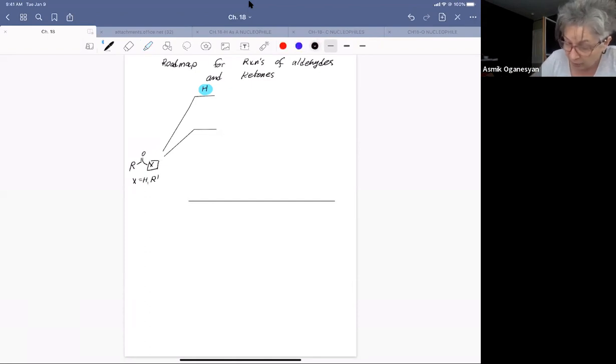So with hydrogen as a nucleophile, the conditions are sodium borohydride or lithium aluminum hydride, followed by the second step. You can use methanol or water or dilute acid. All of this will give you the second protonation step.